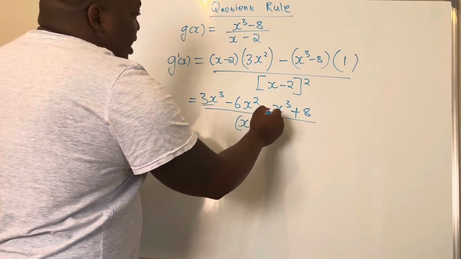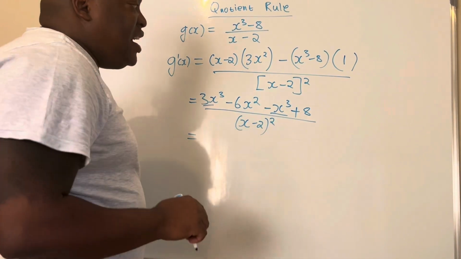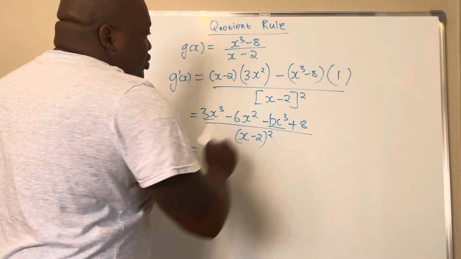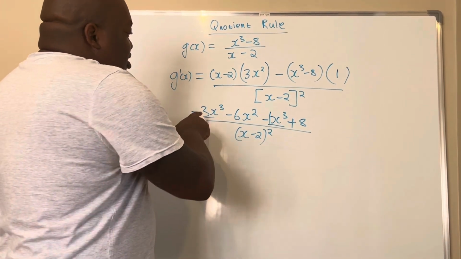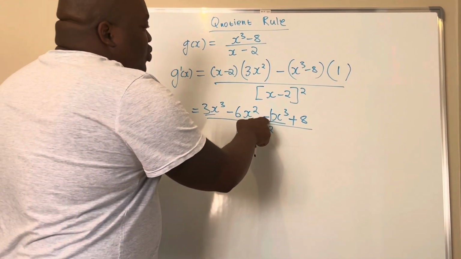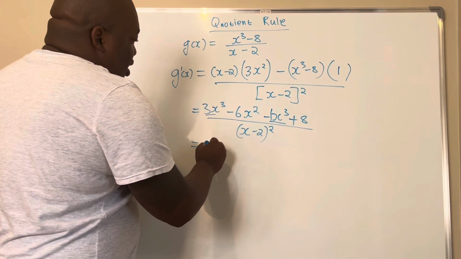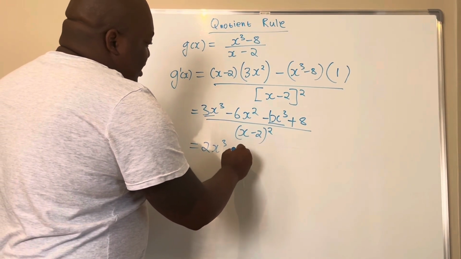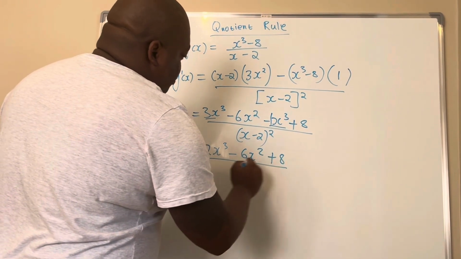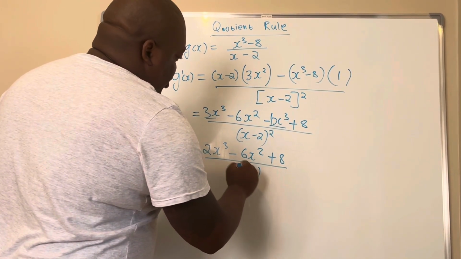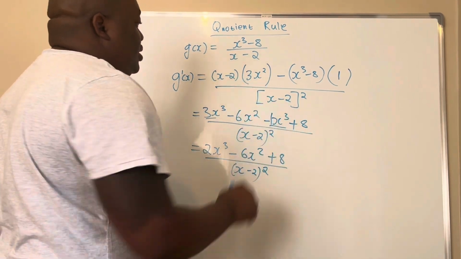Yes, it's this one and that one. We subtract their coefficients. So the number here is 1, here the number is 3. So we subtract the coefficients, it means it will be 3 minus 1, which gives us 2x cubed minus 6x squared plus 8 divided by x minus 2 all squared.